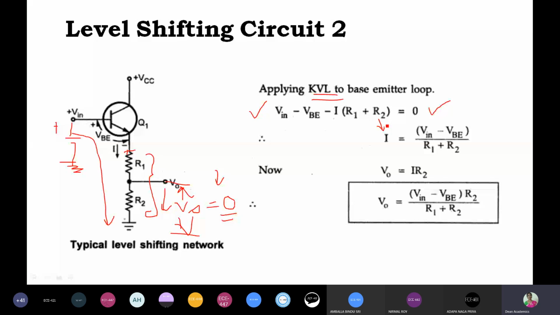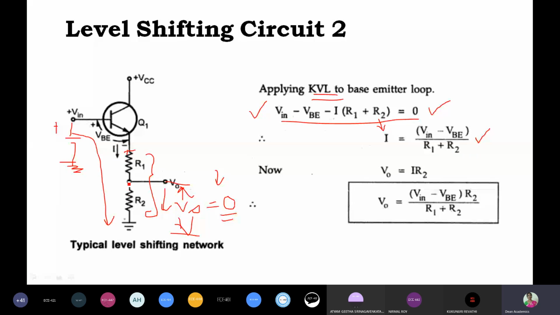Rearrange this equation and express what is I. One of you tell me, from the above equation, what is I? Vin minus VBE by R1 plus R2. Very good. That is what I have written here: I is equal to (Vin minus VBE) divided by (R1 plus R2).